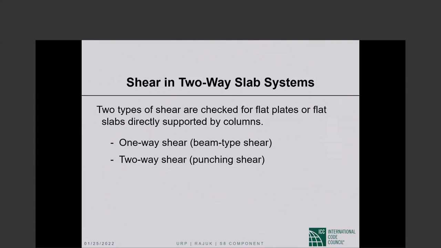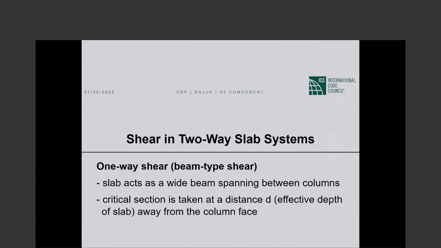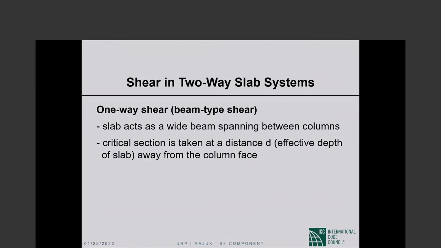Two types of shear are checked for flat plates or flat slabs directly supported by columns. One-way shear, which is beam type shear, and two-way shear, which we typically refer to as punching shear. One-way shear. When we design for one-way shear, we assume that a slab acts as a wide beam spanning between columns.